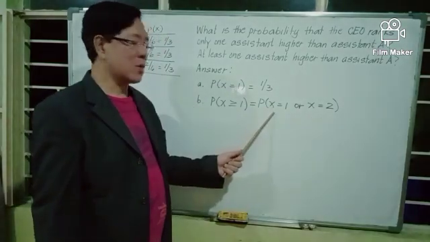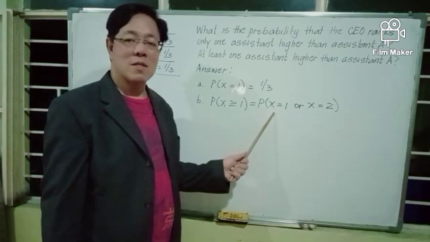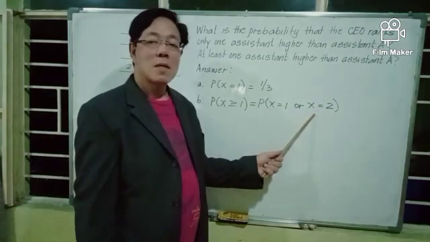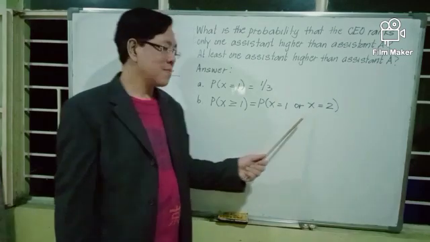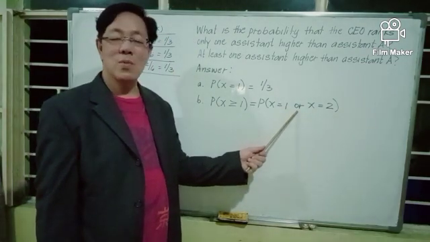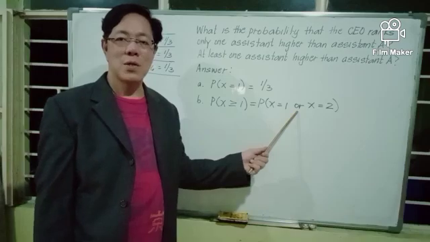The probability that one assistant ranks higher than assistant A, or two assistants rank higher than assistant A. And for this word or, we use the union.